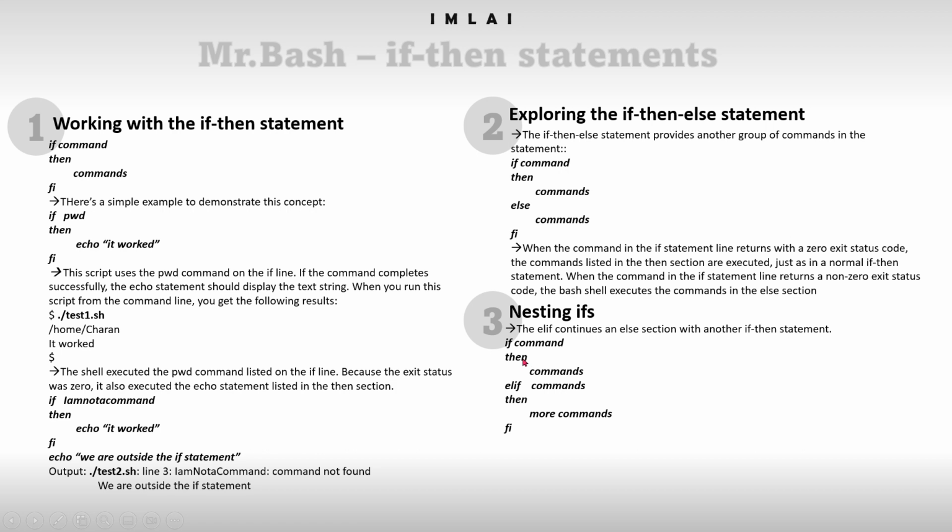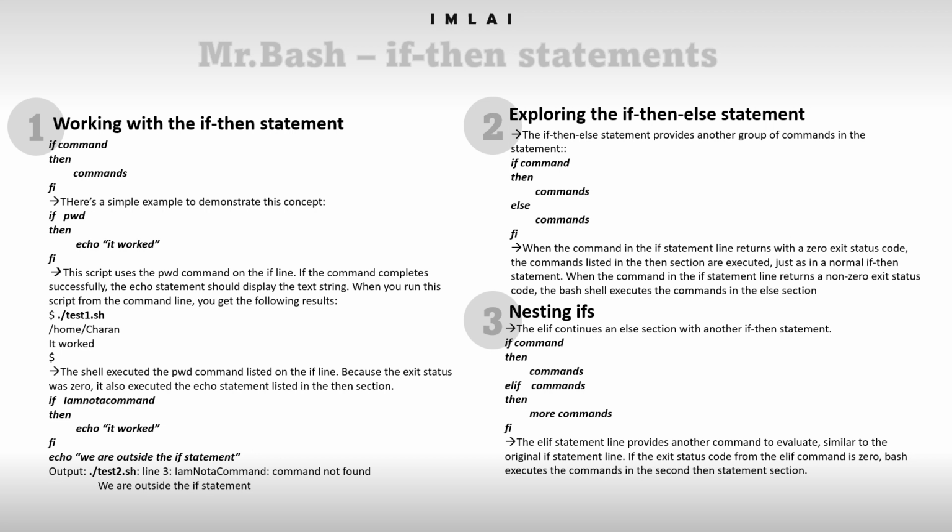If this happens, you execute the things which are there here, or else if the second condition happens, then execute the commands which are there in this then section. That's what fundamentally this if then else statement does. So if the exit status code from the elif command is 0, then bash executes the commands in the second then statement section also.